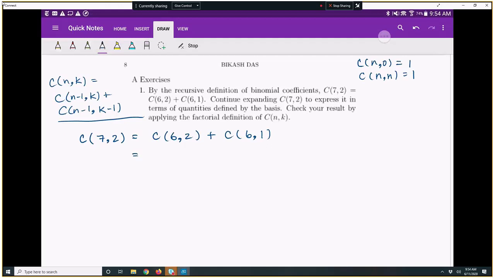Now, 6 choose 2, I can write it as 5 choose 2 plus 5 choose 1. That's just this term. Plus 6 choose 1, I can write it as 5 choose 1 plus 5 choose 0.